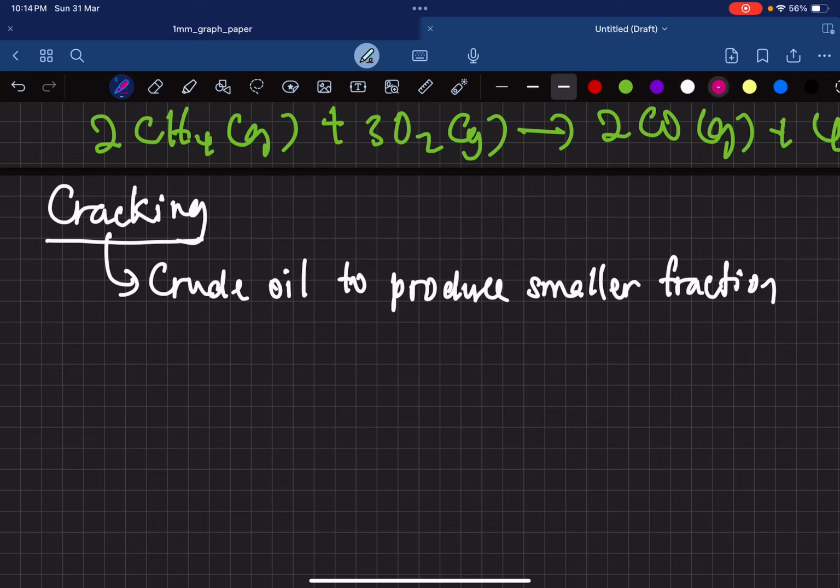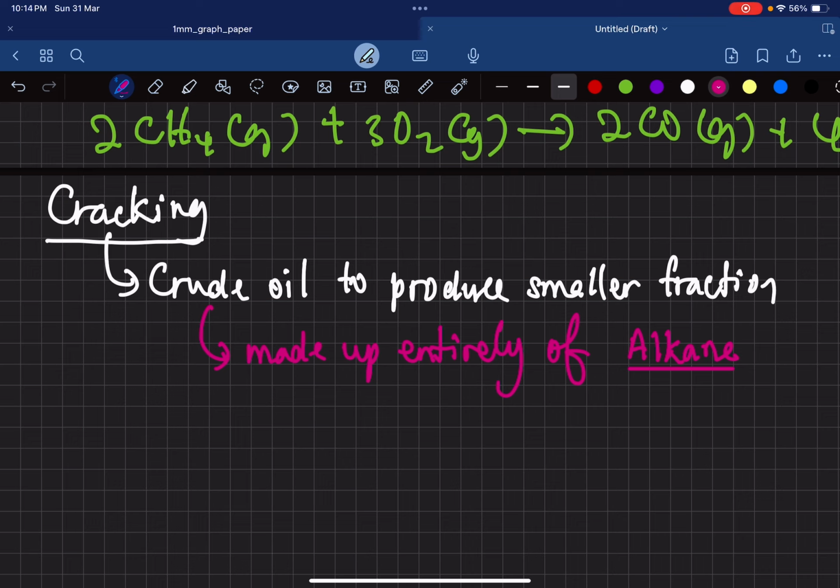I just want to tell you, crude oil is made up entirely of alkanes. So there are no alkenes, there are no alkynes, it's only alkanes.